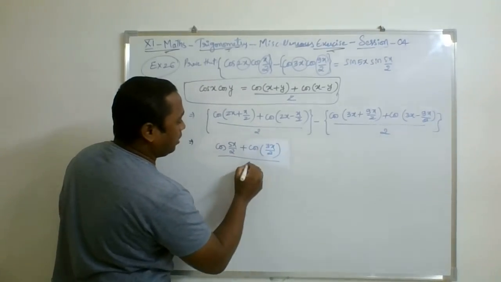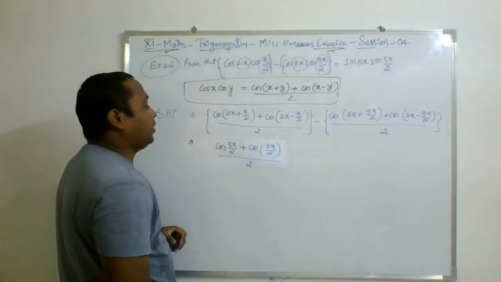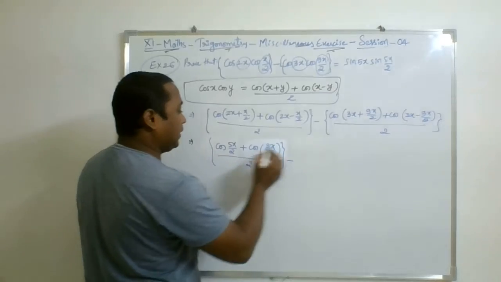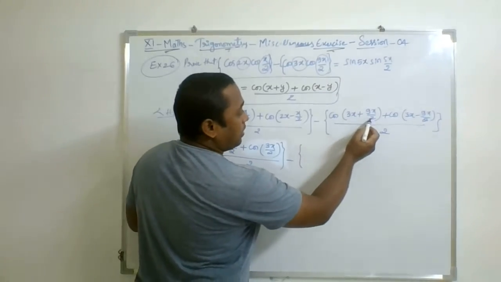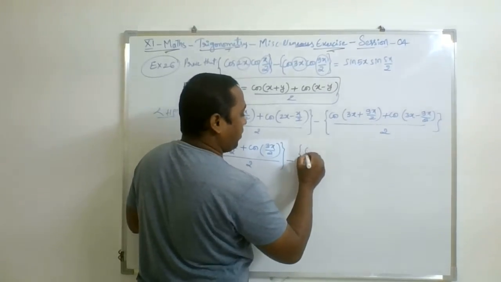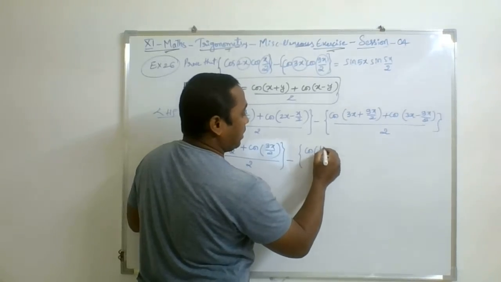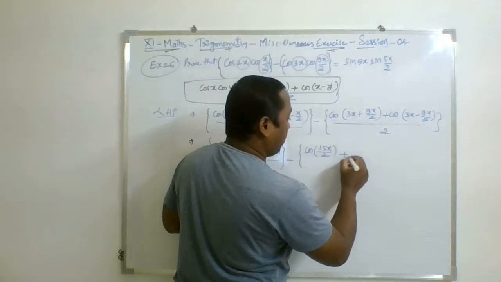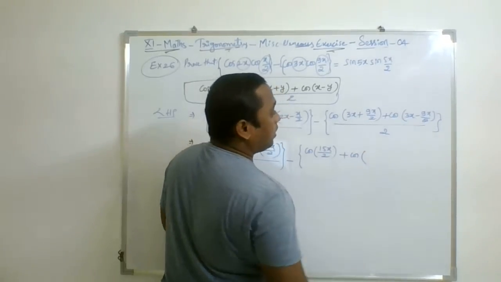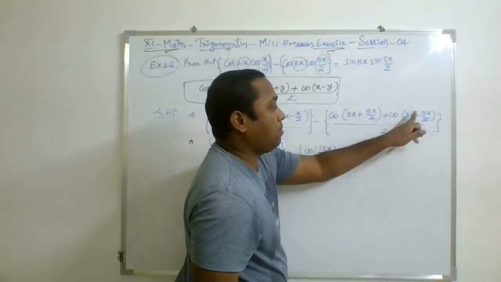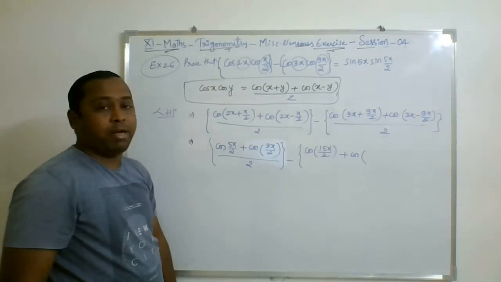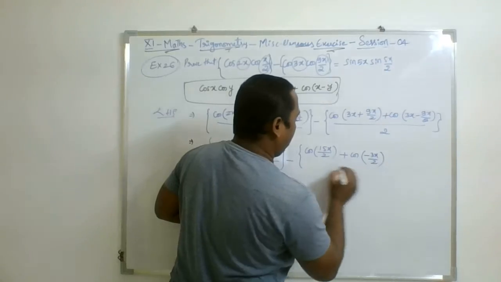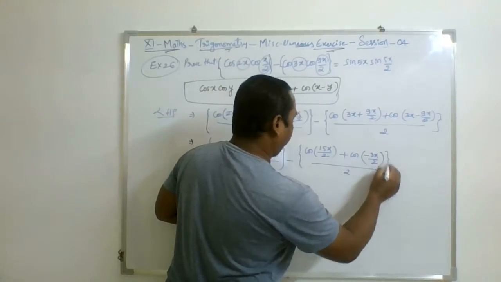upon 2. Similarly, minus, 6x plus 9x, that is cos 15x by 2 plus cos of 6x minus 9x, that is minus 3x by 2, upon 2.